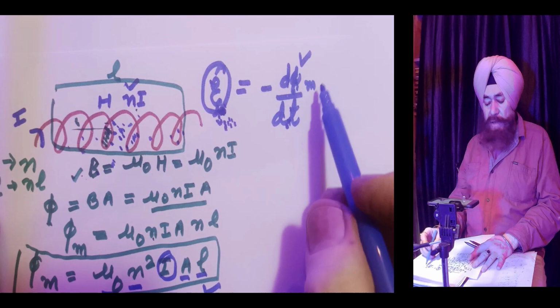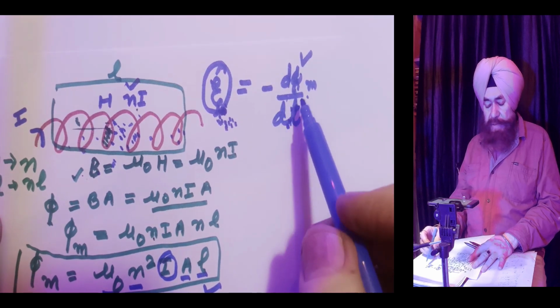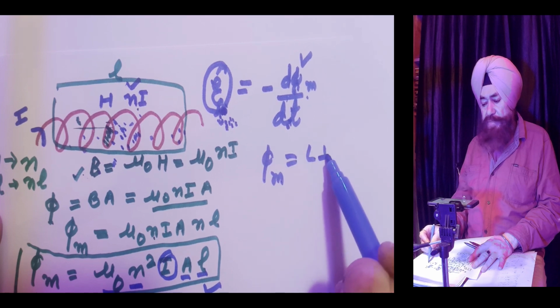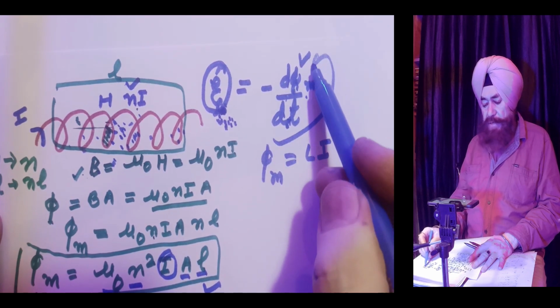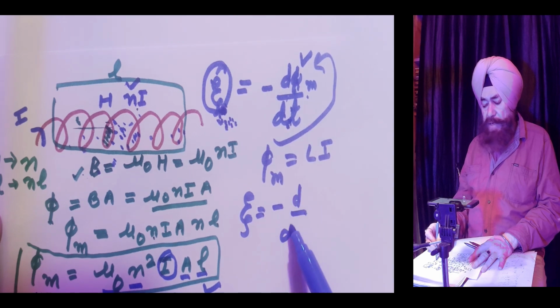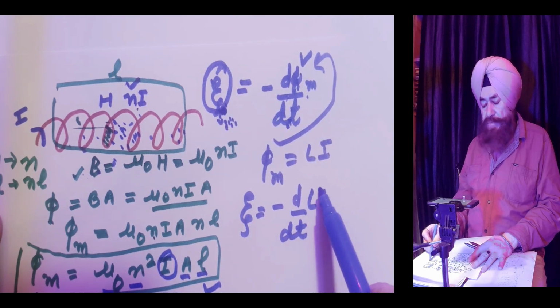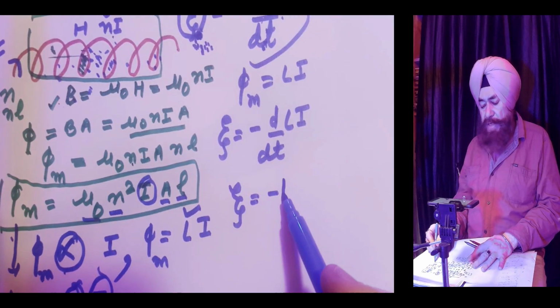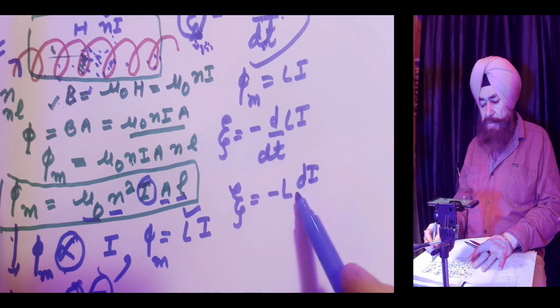Now what is phi m? It equals Li. Substituting it here, the induced EMF is minus d by dt of Li. Then induced EMF equals minus L di by dt.